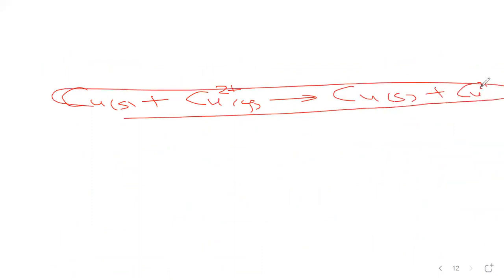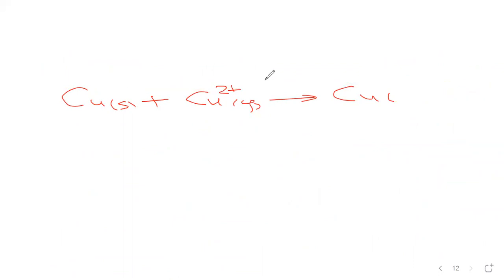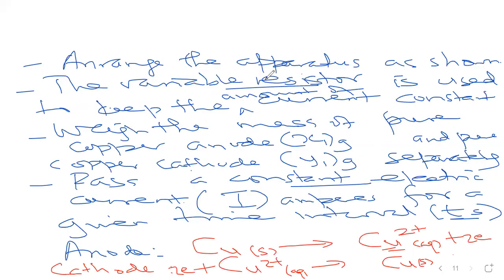So the overall reaction is an exchange of copper 2 ions at the end of the experiment. Now, we have known what happens at the anode and what happens at the cathode.